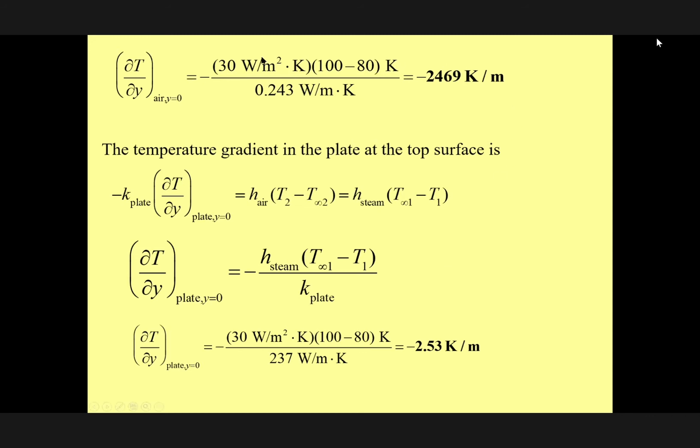Therefore, this is the gradient of the temperature in the air. And this is the gradient of the temperature in the plate. Okay? Conductivity of the plate, conductivity of the air. Okay?